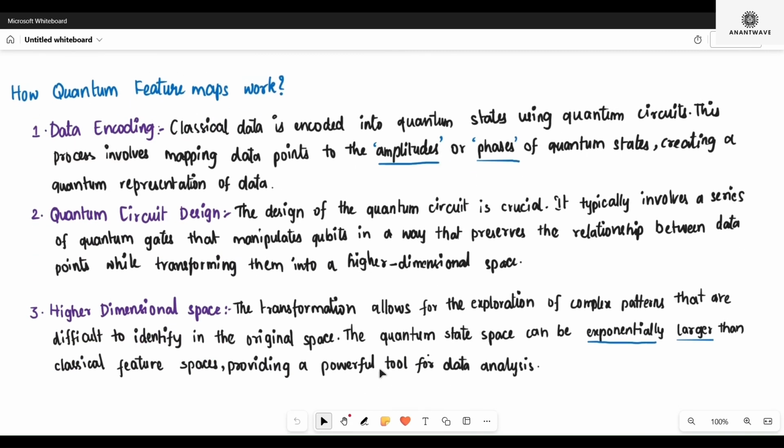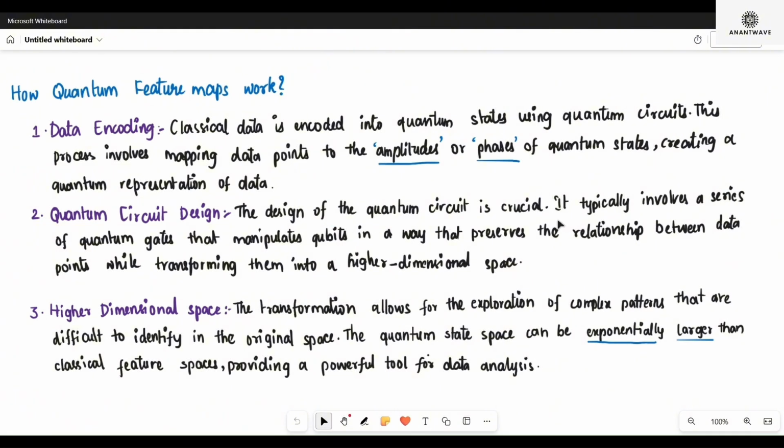How do these quantum feature maps work? Data encoding: classical data is encoded into quantum states using quantum circuits. This process involves mapping data points to either amplitude or phases of quantum states, creating a quantum representation of data. Quantum circuit design: the design of the quantum circuit is crucial.